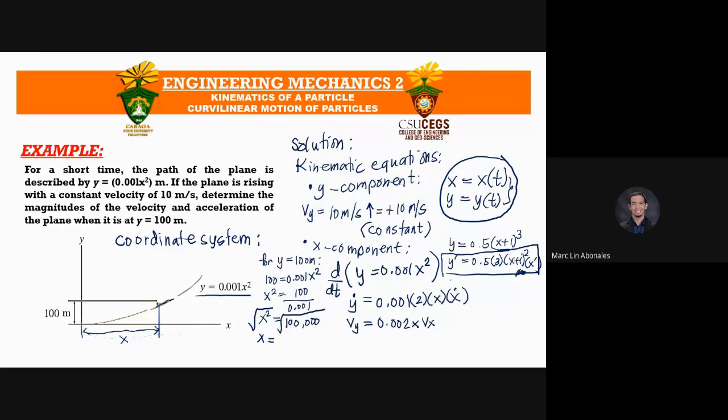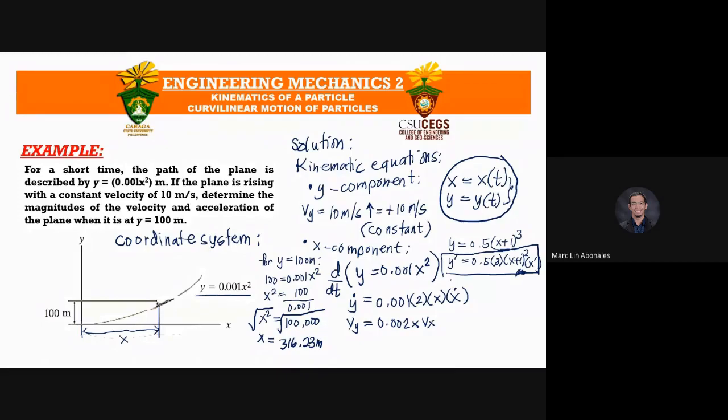316.23. So the value of x, if y is equal to 100 meters, is 316.23 meters. So we now have x, and Vy is 10 meters per second. When we substitute here in our equation, we can identify the x component of the velocity, which is Vx.